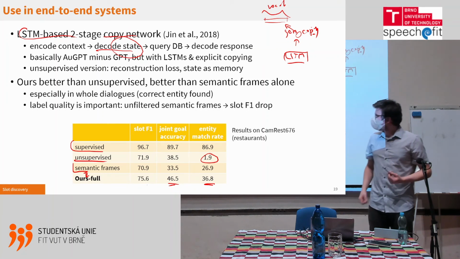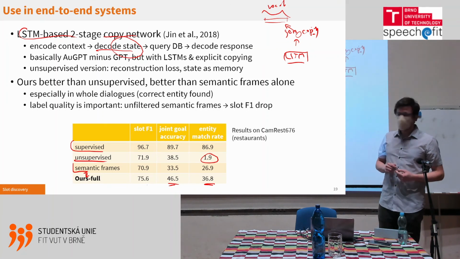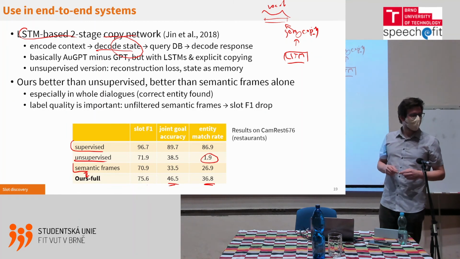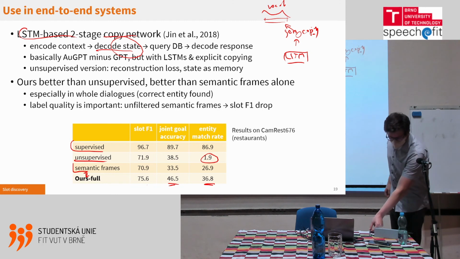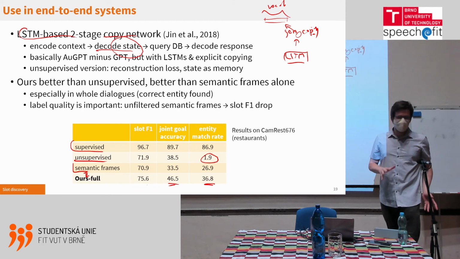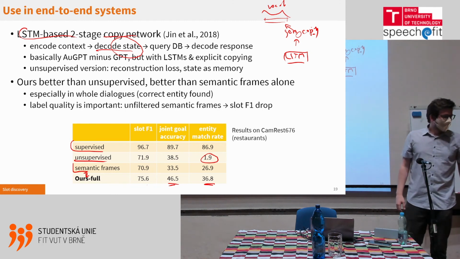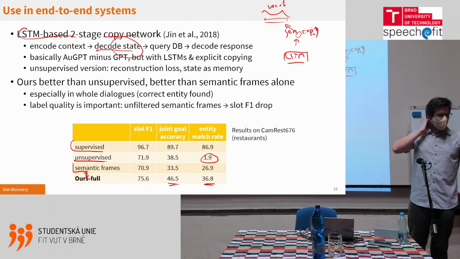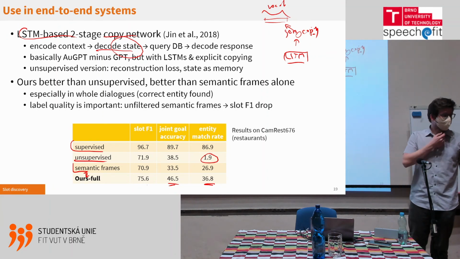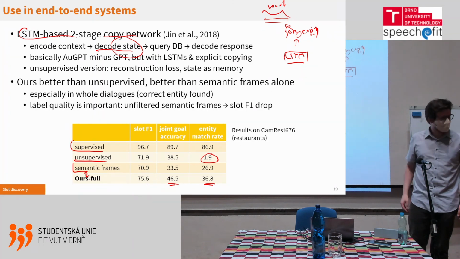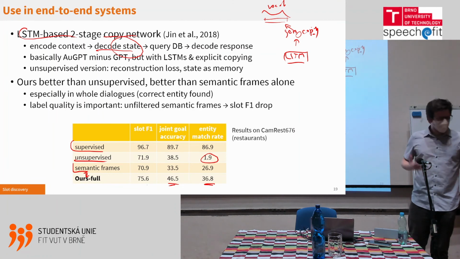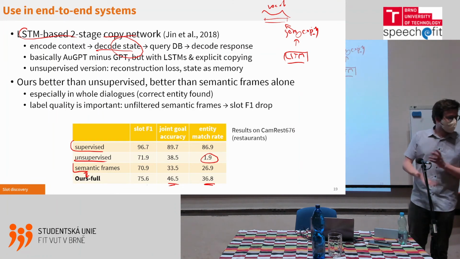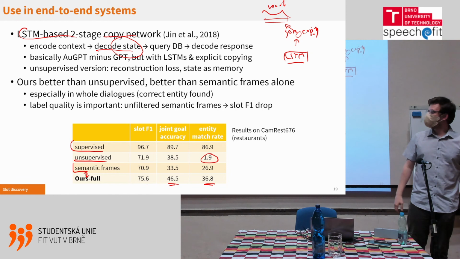I haven't actually seen a copy mechanism used over GPT-2 or over the transformer architecture. I guess it's because it usually does it well even without this, but I think it still might help. So yeah, it's definitely a great point to use this to make it a bit more explicit that what you're doing is actually copying over the tokens.